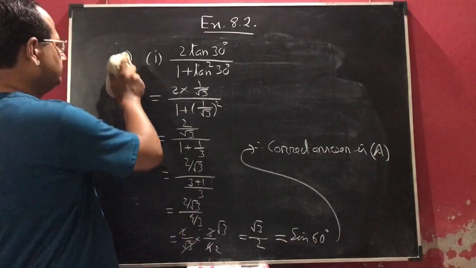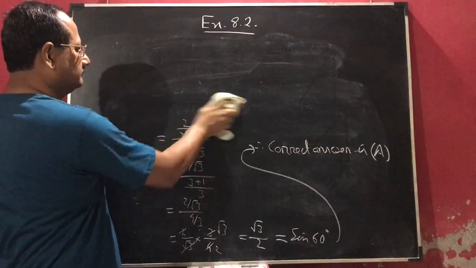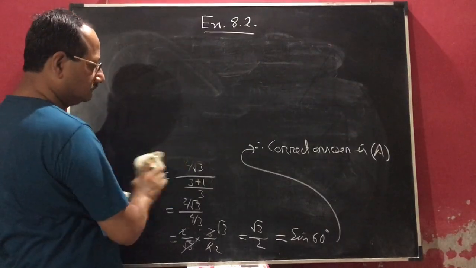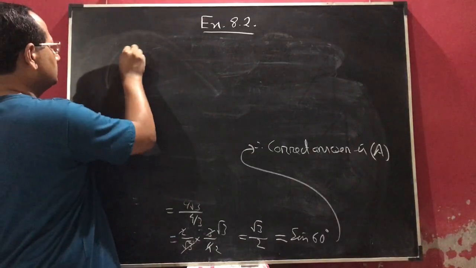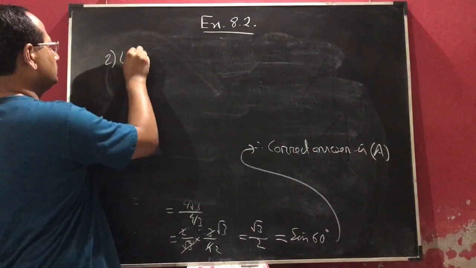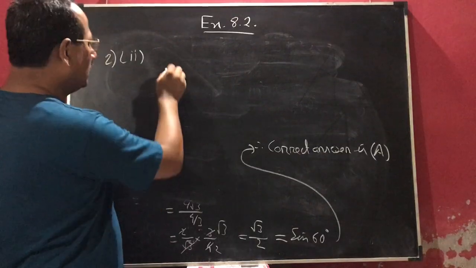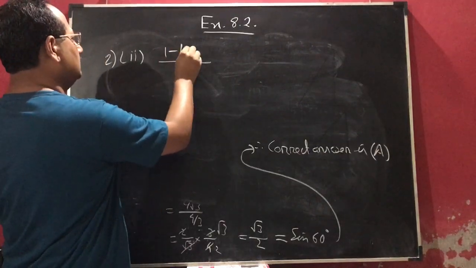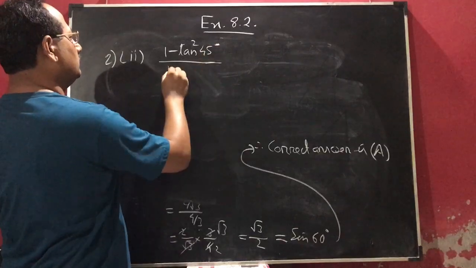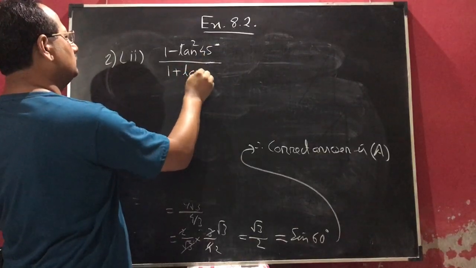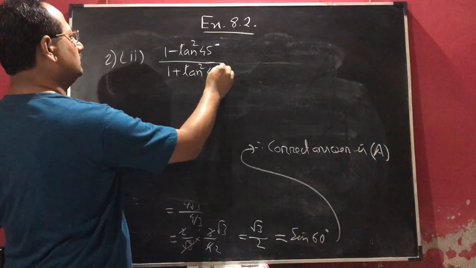Next one. Number 2: 1 minus tan square 45 degree divided by 1 plus tan square 45 degree.